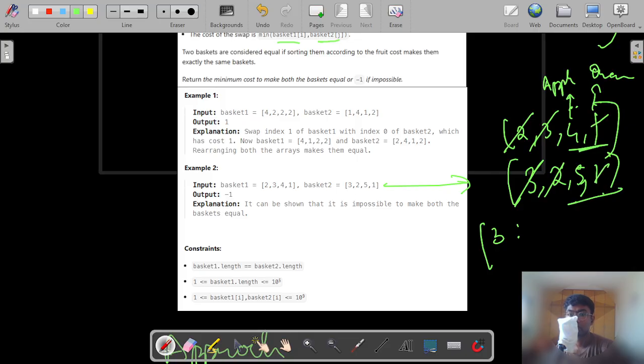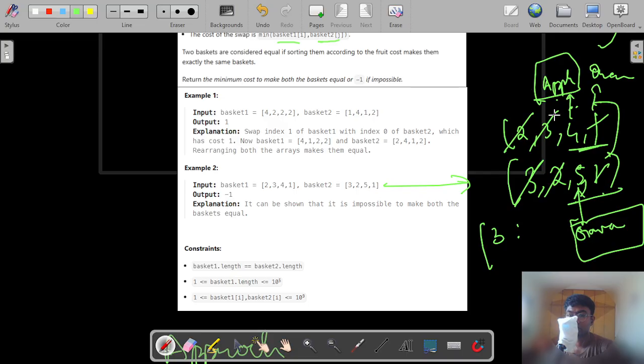We can still cancel out these two, but let's say this one is guava. Basket 1 cannot share any other fruit with basket 2 because both have one only, right?